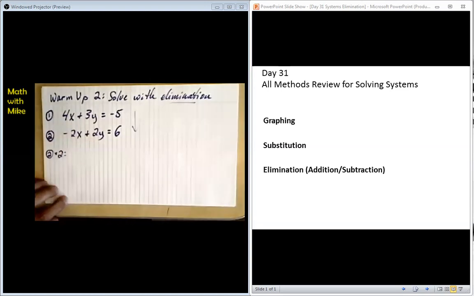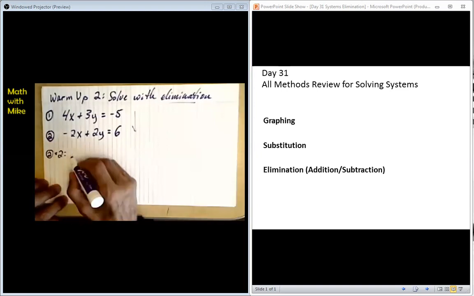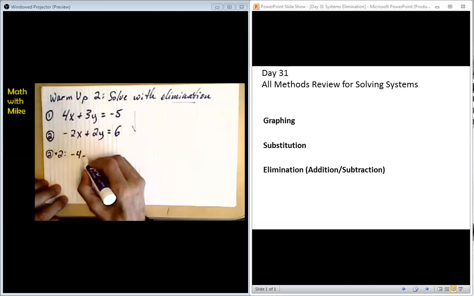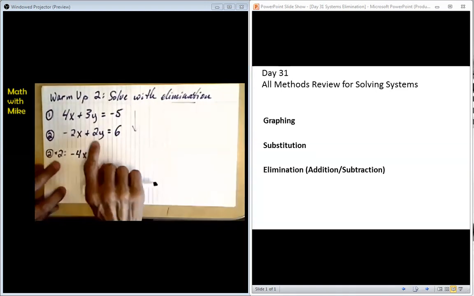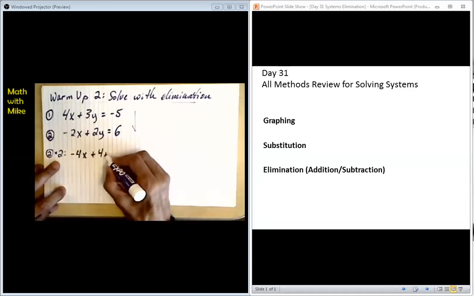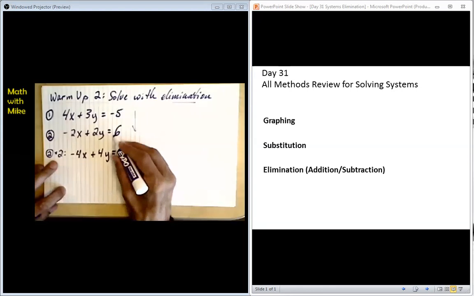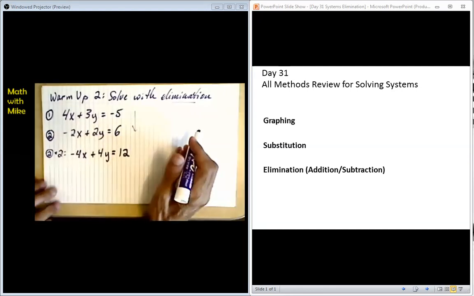So what do you get? What's 2 times minus 2x? Minus 4x. What's 2 times this 2? Plus 4y. What's 2 times that 6? We get 12, right?